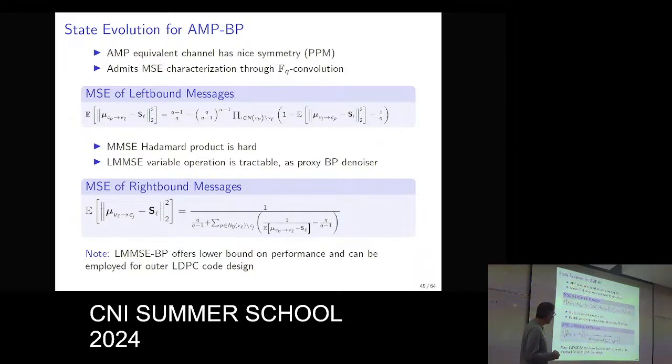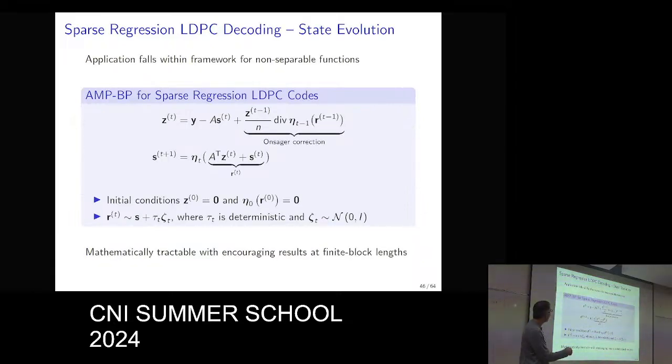But if you were to use the LMMSE instead of the MMSE in one of the steps, then you get a closed form expression for the right bound message. This is not a Gaussian linear problem, so the LMMSE is not your optimal decoder. So what do you get? You get a very nice expression in closed form, and then you can track the performance through the state evolution.